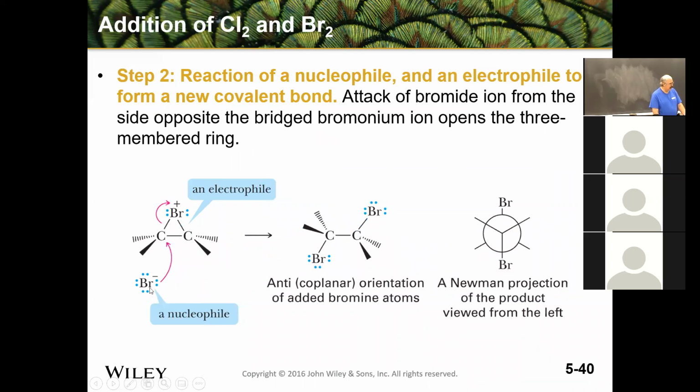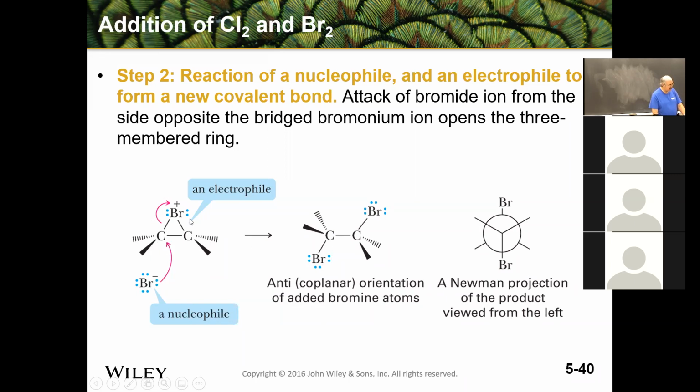And then the bromide ion, Br minus, has to attack from the back side. It shows attacking this carbon, but it could also attack the other carbon. So when it does that, it forms a bond here.